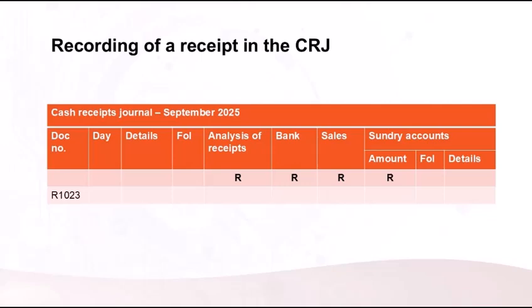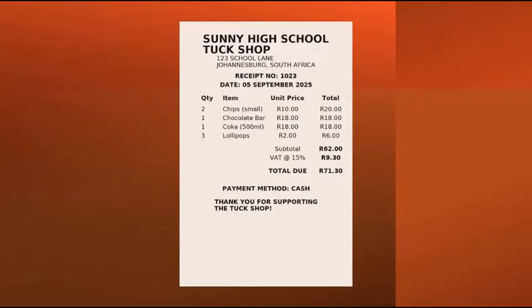Our next column heading is the day. We now need to go back to our source document in search of our date. Directly under the receipt number, we see that the date is recorded, and the date is given as 5 September 2025. So now let's go back to our cash receipts journal and record our date.